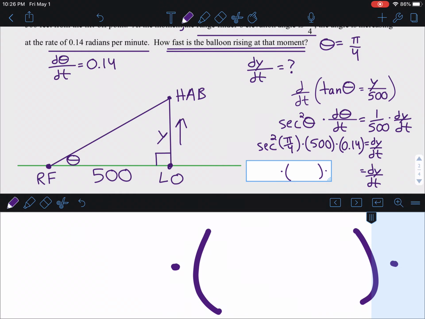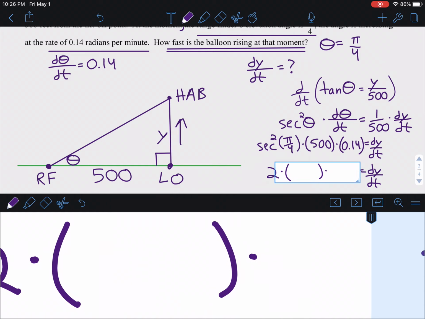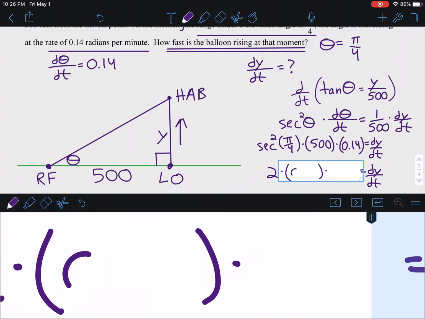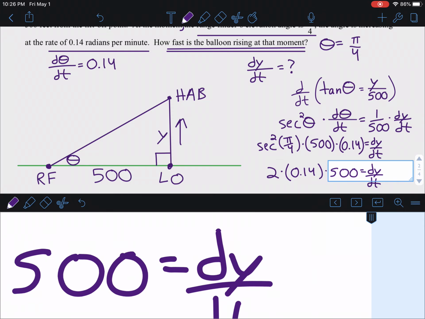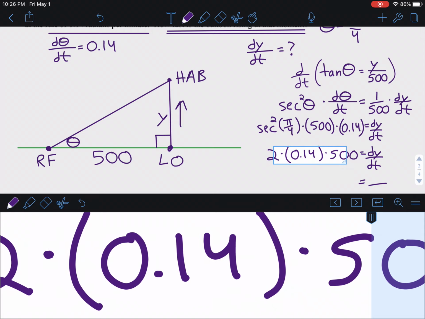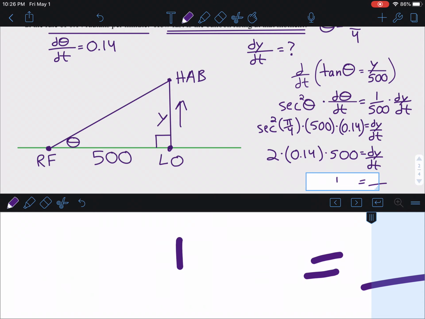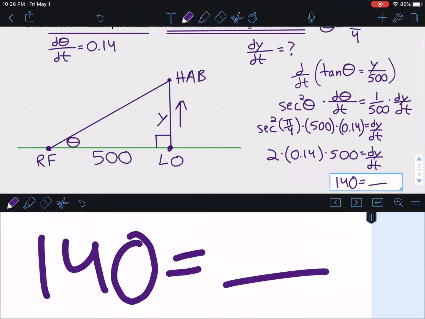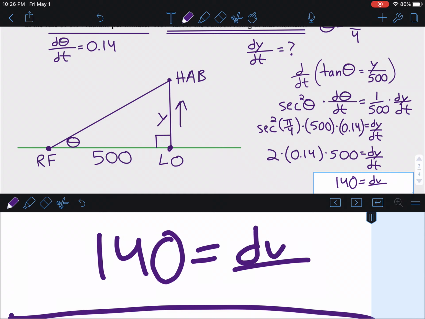Square it, and we get 2, right? And so 2 times 0.14 times 500. 2 times 500 is 1,000. 0.14 of 1,000 is 140. And that's a nice exact value for dy dt.